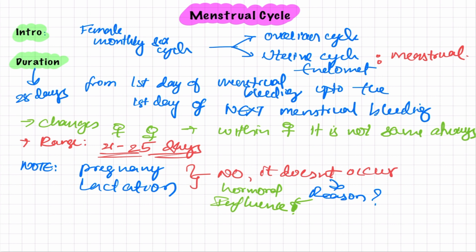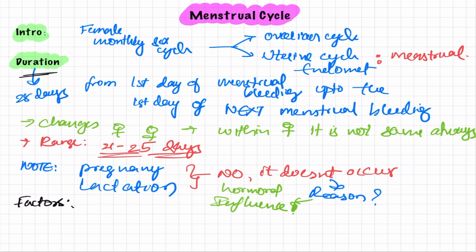To understand in depth about the hormonal influence, you have to watch all the parts of this menstrual cycle in detail, okay. The next questions usually asked are, what are all the factors that are affecting the duration?